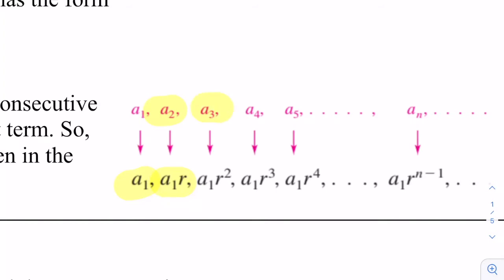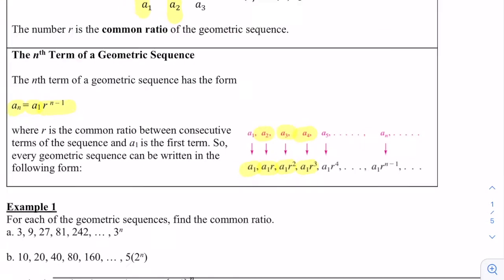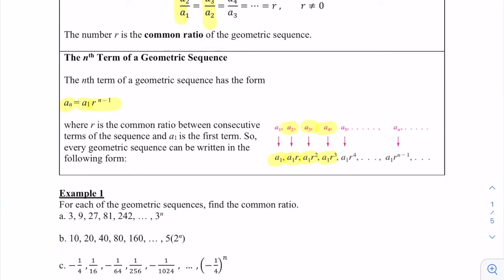To get a sub 3, we square the r and then multiply by a sub 1. To find the fourth term, we cube the r and then multiply by a sub 1. So we're always subtracting 1 from n to find that exponent.